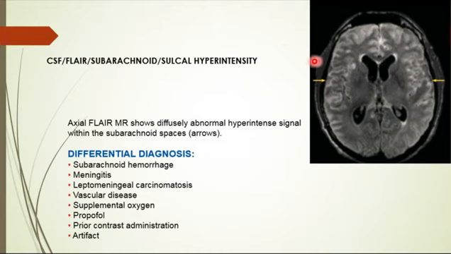The sulci of the brain here, you can see they are hyperintense. This is a T2 FLAIR. It appears more than usual, highlighted. So this can be seen in subarachnoid hemorrhage, meningitis, leptomeningeal carcinomatosis, vascular diseases, supplemental oxygen, and propofol.